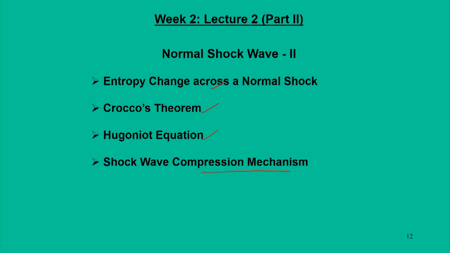So, this particular method of compression is helpful for the design of wave engines, because a normal shock is essentially a shock wave, and we have examined that across a normal shock there is a sudden increase in the pressure and a sudden increase in the temperature, which means the streamlines experience a rise in pressure as well as temperature.